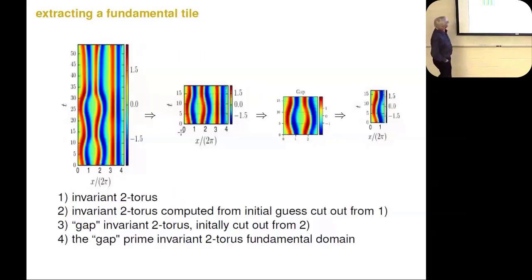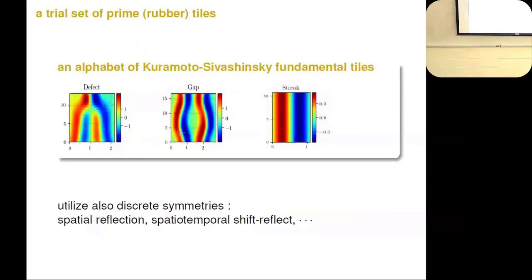That can be done. You can look at solutions, and then you can look at pieces of solutions, and at every step you can solve them on smaller and smaller two-dimensional, in this case, space-time tori. And eventually you find that one possible thing that this Kuramoto-Sivashinsky does is it wiggles. It's an exact solution locally, and this is the smallest possible solution you can have.